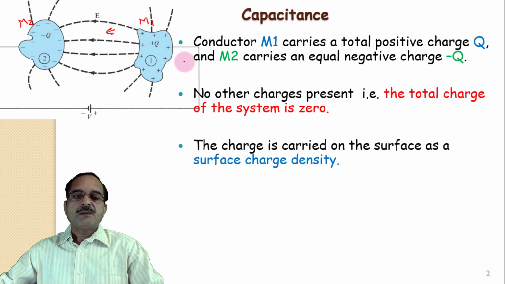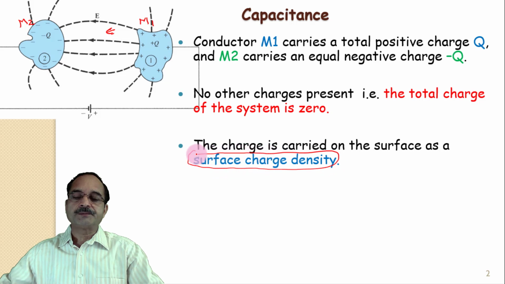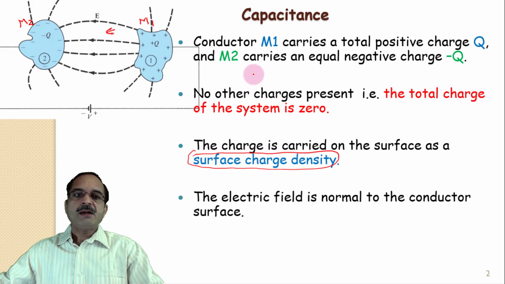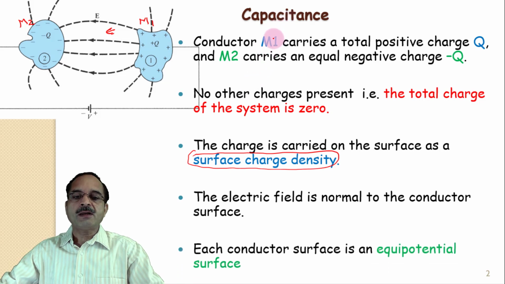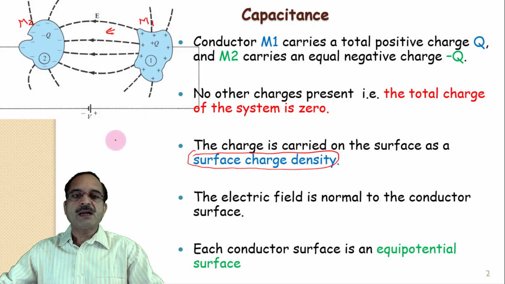The charge present on the conductors is present on the surface only in terms of a surface charge density, and the electric field is normal to the conductor surface, conductor M1 and conductor M2. Earlier we have seen there cannot be potential difference inside the conductor, or in other words, the electric field intensity inside the conductor is 0.